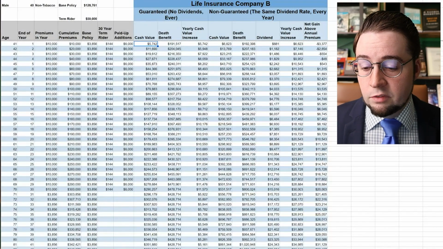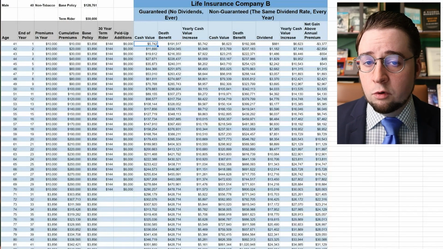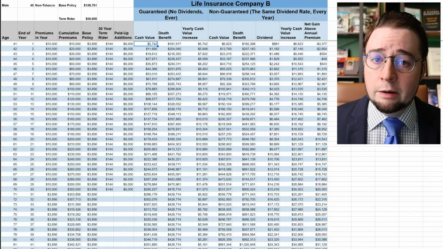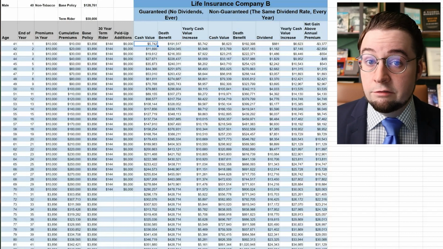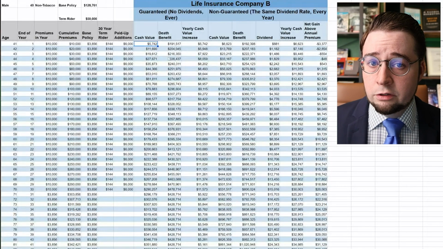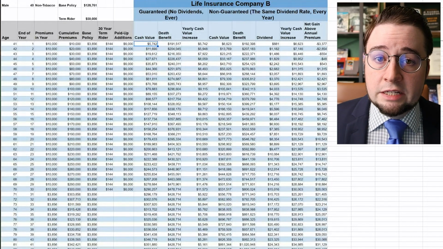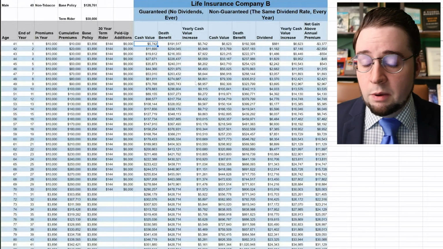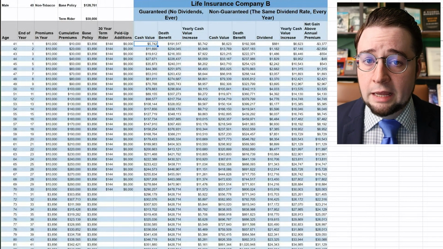Now, again, there's still guarantees. A 401k or other retirement plan that is an investment and not a savings plan, they have no guarantees. The lowest possible value for a retirement plan is $0.